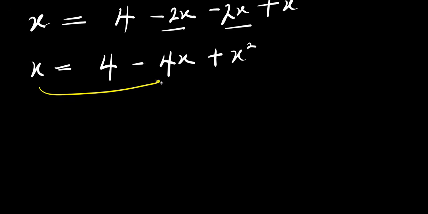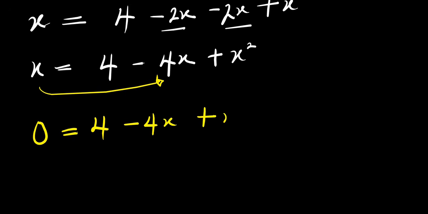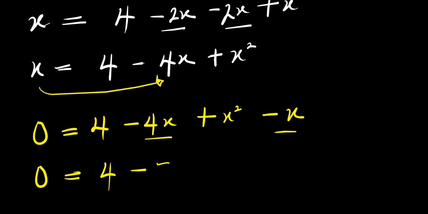I can decide to move this over here. This becomes 0, so this equals 4 minus 4x plus x squared. This is minus x, so from here I have 0 equals 4 minus 4x minus x, that is minus 5x, plus x squared.